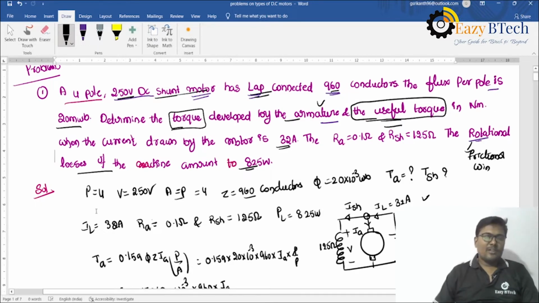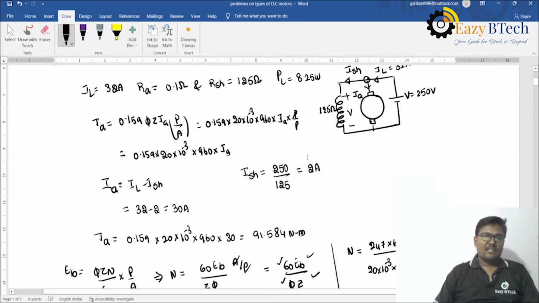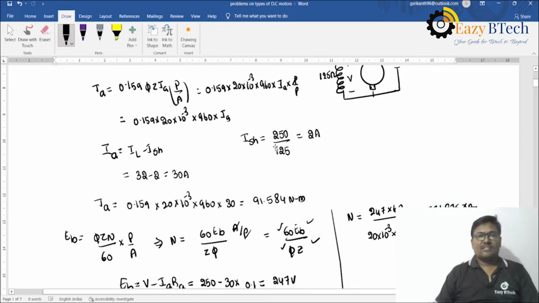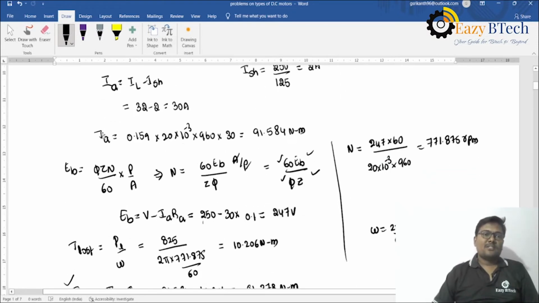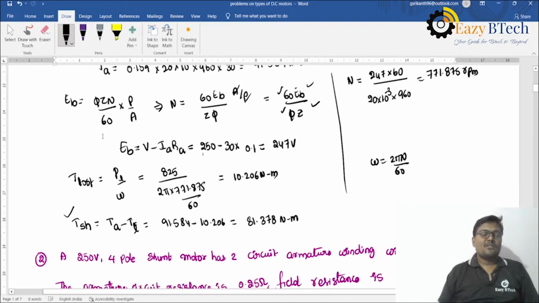Torque is equal to 0.159 into phi Z into Ia into P by A, but in this Ia is the unknown quantity, and Ia is equal to IL minus ISH, and ISH can be calculated by V divided by RSH. After that, substitute Ia in the armature torque equation, then you will get the total armature torque. Similarly, back EMF is equal to phi Z N by 60 into P by A. From this you can calculate the speed.